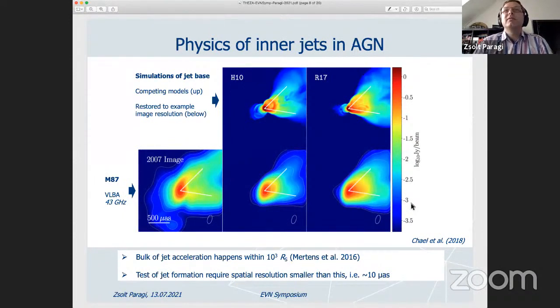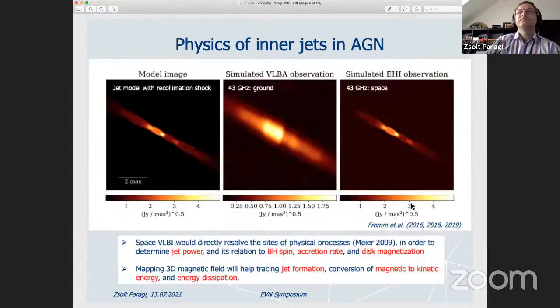So these simulations show, on the top you see 2 different kinds of jet models. It's hard to distinguish by eye. And then in the lower panel, you see an actual VLBI image of M87, and the other 2 are the simulations convolved with the beam of the real observations. And it's clear that with this resolution, you cannot separate these 2 scenarios.